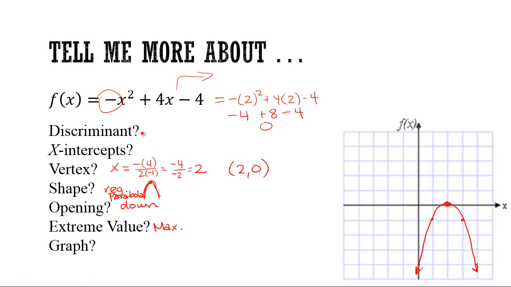So remember, if we find the discriminant, which is b squared minus 4ac, we see that the discriminant is 0, which means that it only touches in one place, and it only touches at -b over 2a, which was already found to be 2.